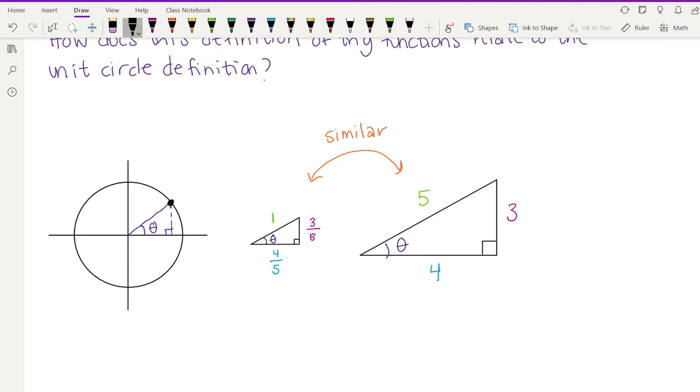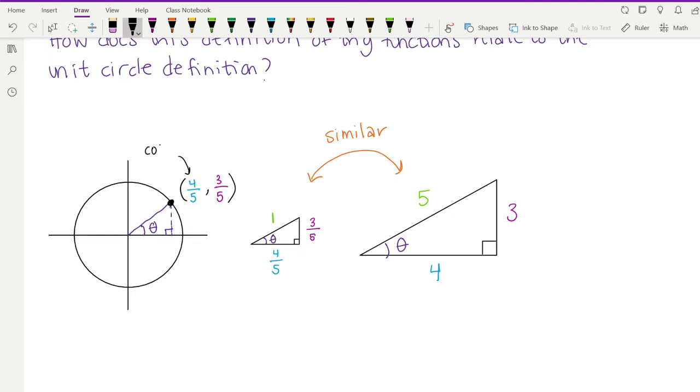And so the coordinates of our terminal point would be 4/5 as the x coordinate and 3/5 as the y coordinate. If we were to use this triangle and this point to evaluate sine and cosine, we would find that cosine would be equal to 4/5 and sine would be equal to 3/5, just using our unit circle definition.